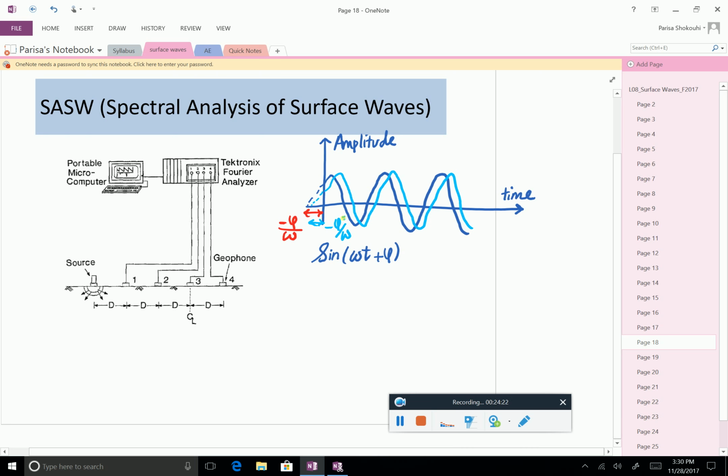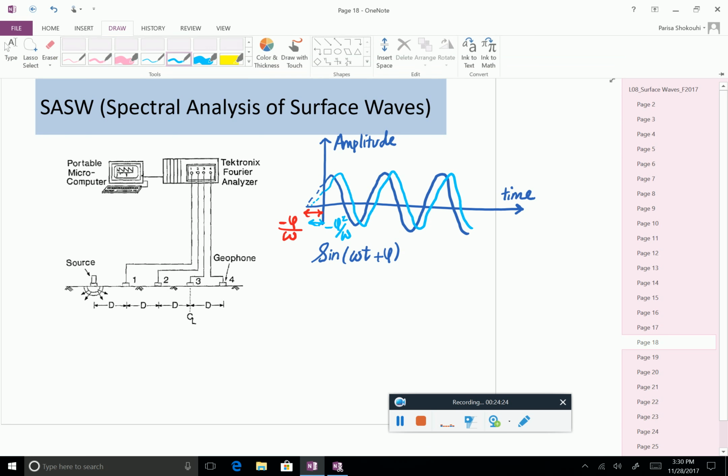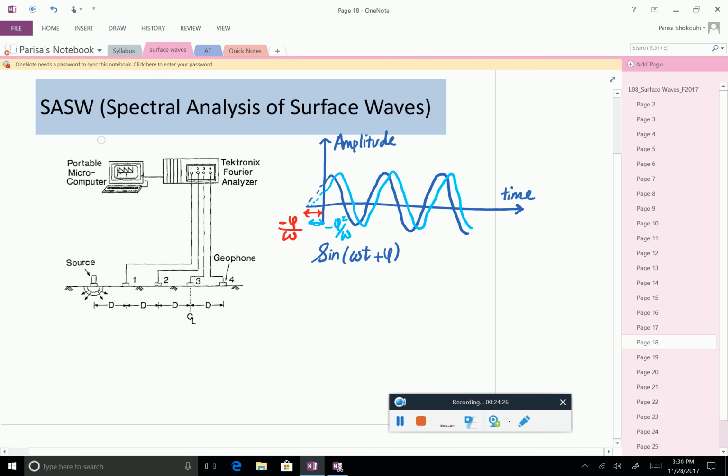Let's see, this is 2, this is 1. One way, if I wanted to see how much shift there is between these two signals, I could have compared these times that I'm calculating here, right? I would say, okay, the shift, if they have the same frequency, which they do, would be just the difference between their phase divided by omega. Everyone is okay with that? Okay.